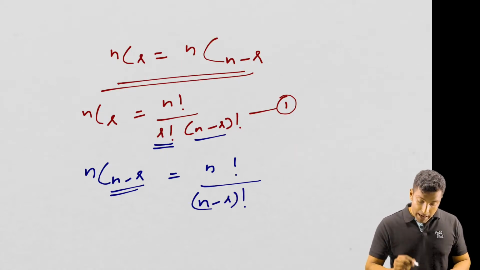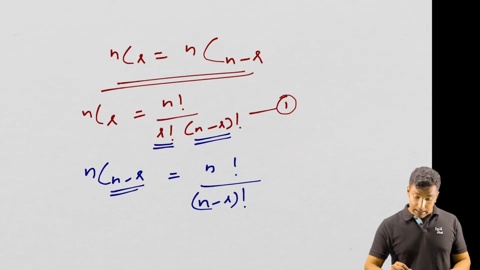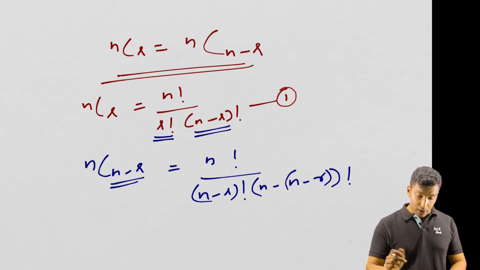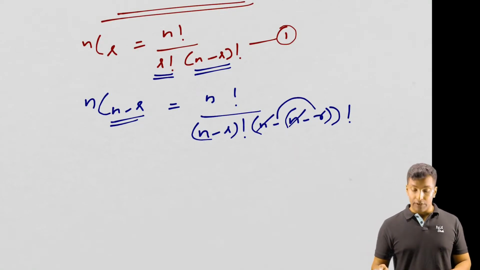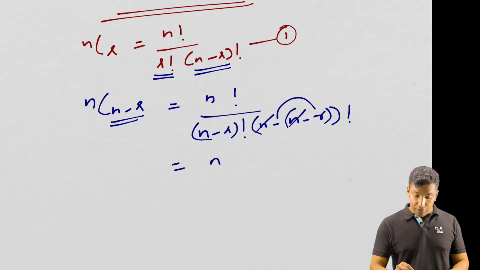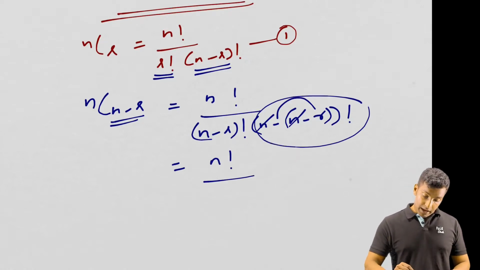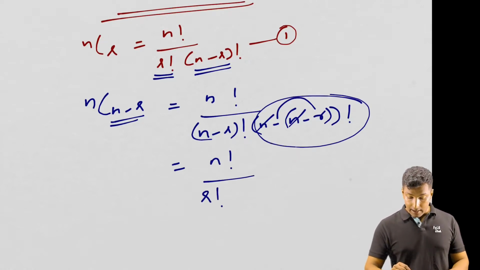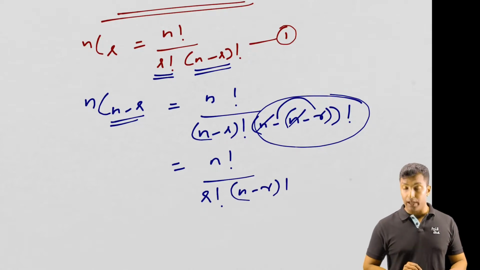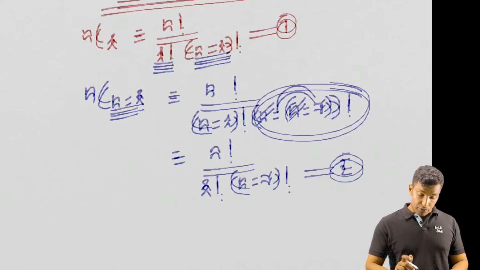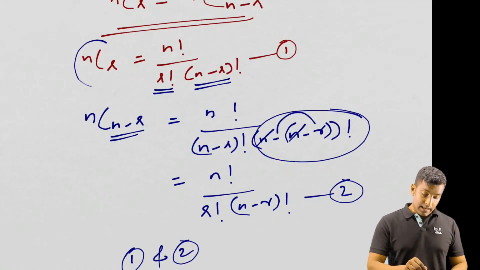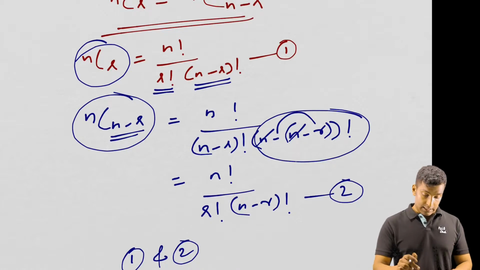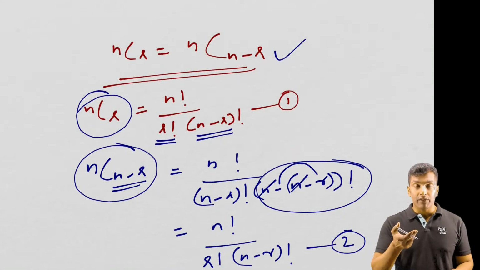Then instead of n minus r it becomes n minus (n minus r), so r factorial. Now this n and n will be cancelled out, and this minus and this minus will become plus. So this will become n factorial divided by r factorial and n minus r factorial, which you can mark as 2. So from 1 and 2 you can clearly see LHS is equal to RHS. Hence it is proved. So you can straight away use this concept.